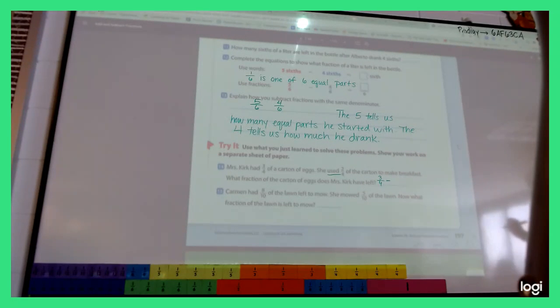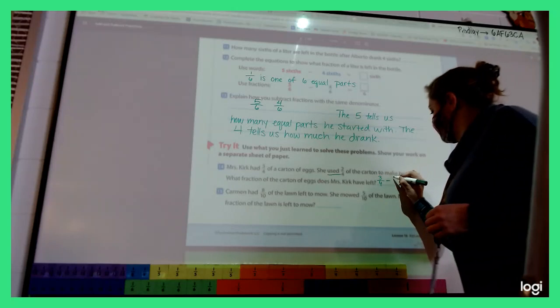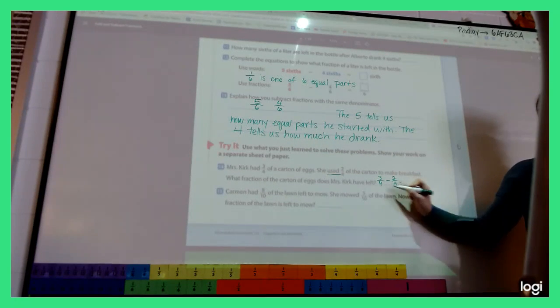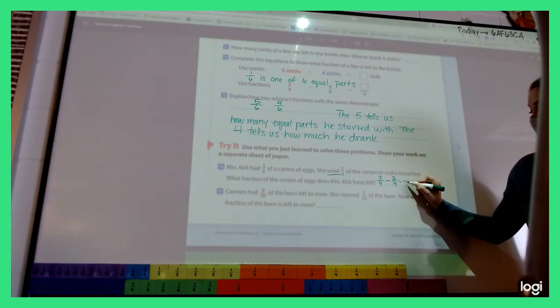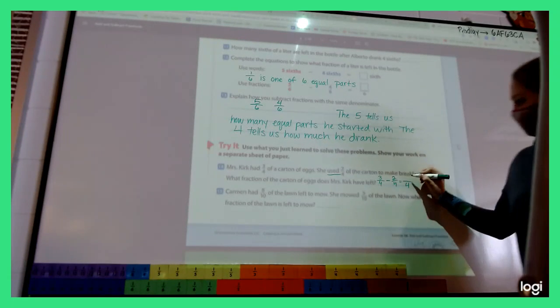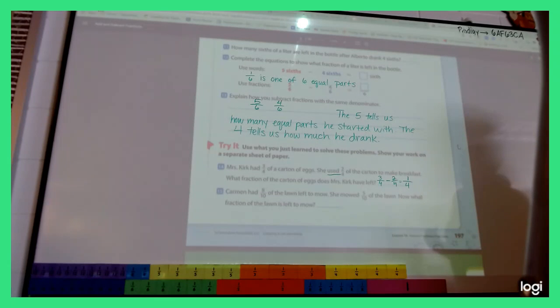Madeline? 2/4. All right, the last thing I need is to make sure that my denominators are the same. They are. So I just copy that over, and my numerator will be what? Chloe? 1/4. Nice job. Questions on that one?